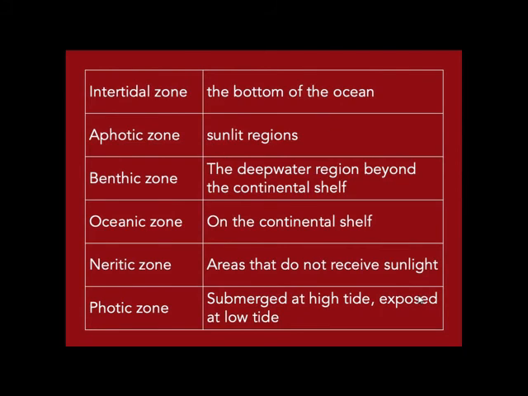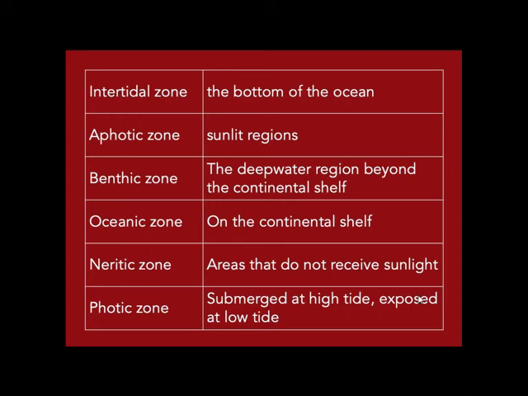All right, so which of these is which? Which is the intertidal zone? Submerged at high tide and exposed at low tide. All right, what's the aphotic zone? That's the areas that don't receive sunlight. All right, what's the benthic zone? The bottom. Oceanic zone. That's a deep water region beyond the continental shelf. All right, what's the neritic zone?